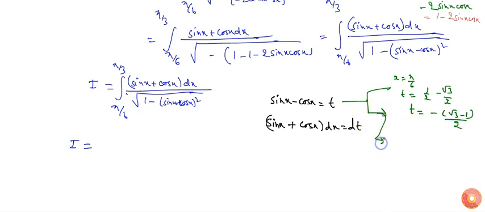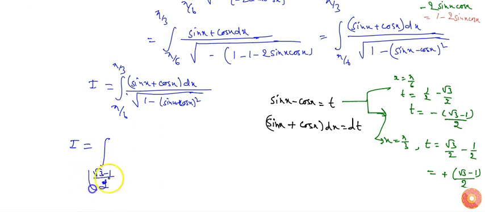And at x equals pi by 3, which is the upper limit, t will be root 3 by 2 minus 1 by 2, or I can say plus (root 3 minus 1) by 2. So our integration will now be from minus (root 3 minus 1) by 2 to the upper limit (root 3 minus 1) by 2, of dt by root 1 minus t square.